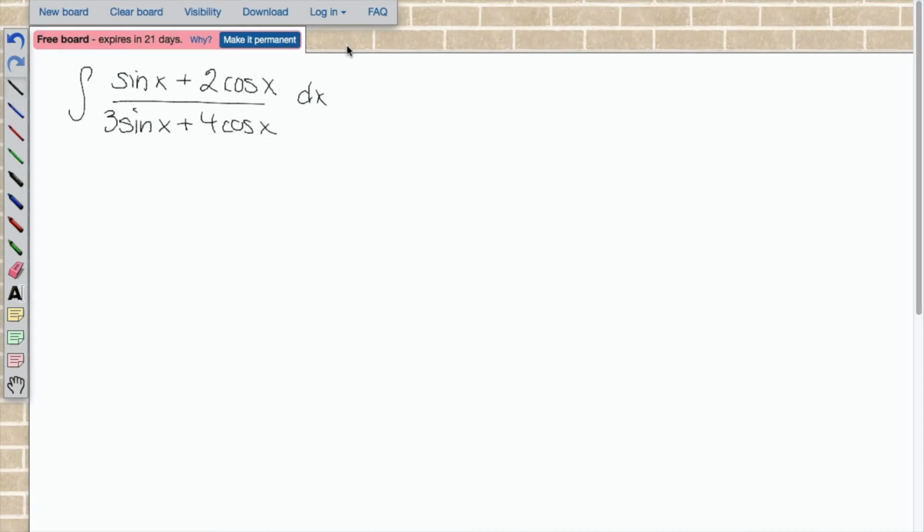Using a different method than what was presented in another video, link in the description below, we will do this two ways. We will use the Harmonic Sum Theorem, which allows us to rewrite the sum of sine and cosine in terms of a singular sine function or a singular cosine function.